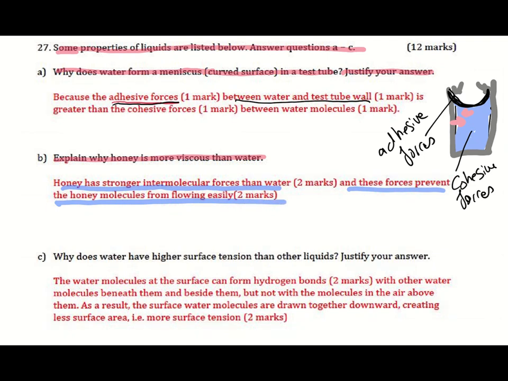This is a simple application of what we have just said about fluidity. Both gases and liquids are fluids, so honey is also a fluid, but the fluidity depends on the forces. The weaker the forces, the more fluid the substance will be. So water has weaker forces than honey. That's why water is more fluid than honey, or honey is more viscous than water, because viscosity is the opposite of fluidity.